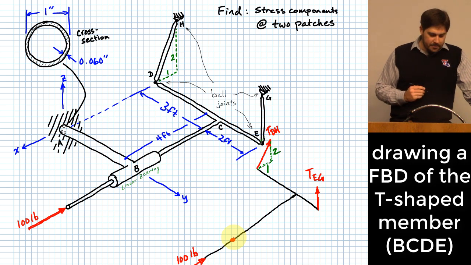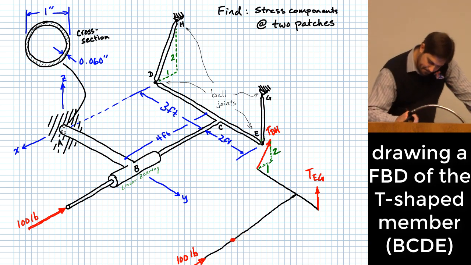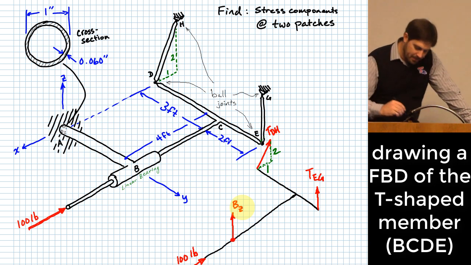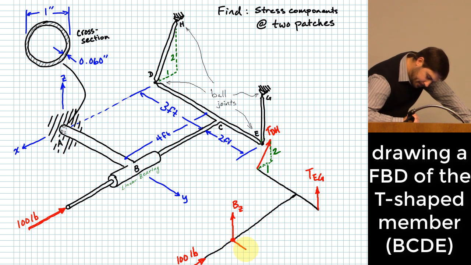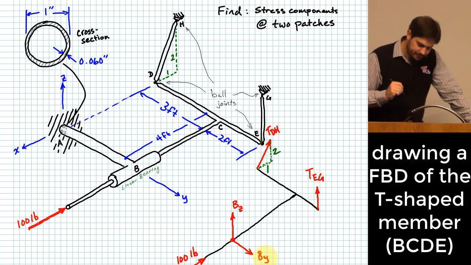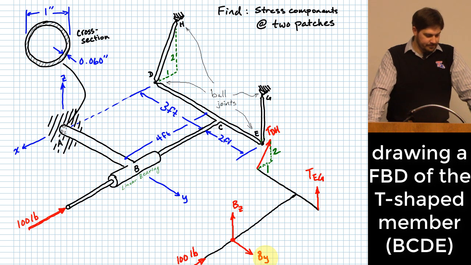Okay. Someone says a z direction of reaction. All right, so let me call that Bz. And someone I think said a y direction of reaction, so let me call that By. What else? Okay, there could be a constraint against rotation around the y-axis.